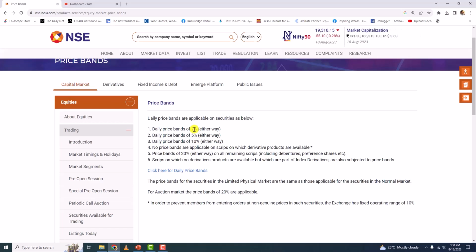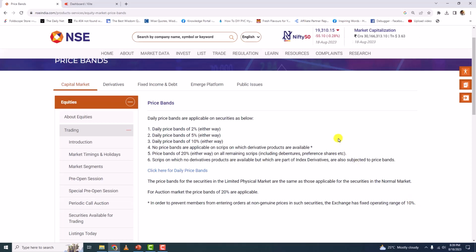Now this is the limit, and there are no circuits for stocks which have derivatives, meaning futures and options. If a stock has futures or options, then it will not have any upper or lower circuit. But there is a star here which says there is a fixed operating range of 10%.